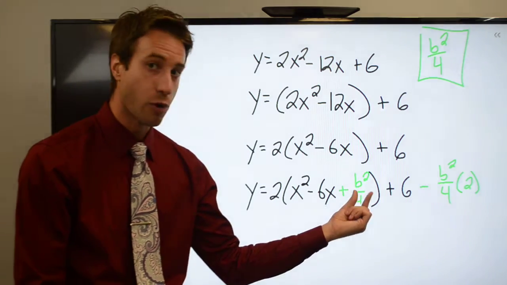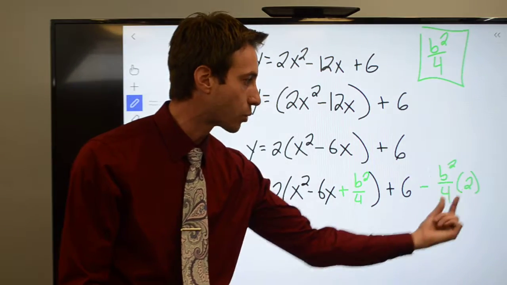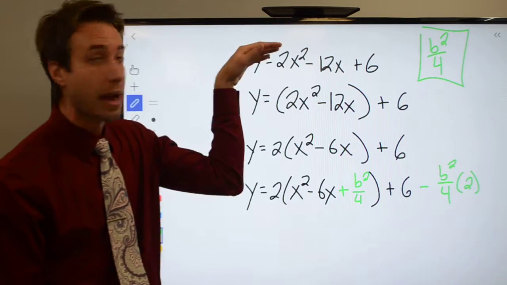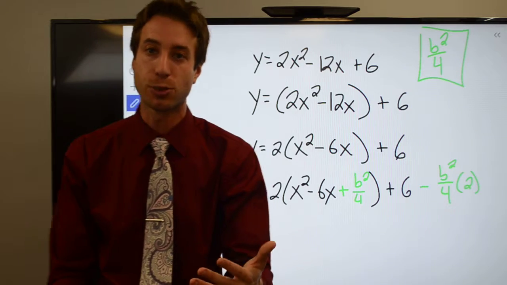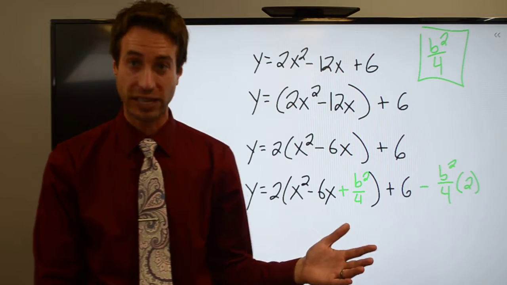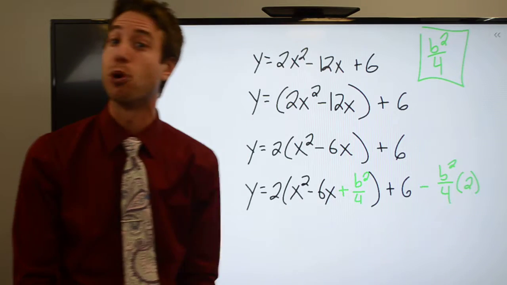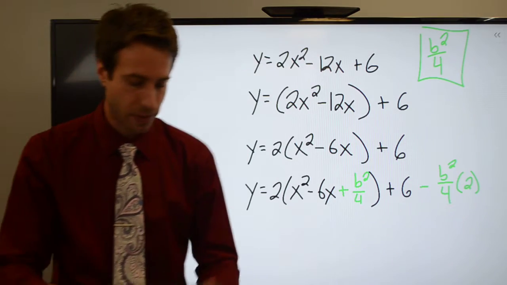They would cancel each other out and get me right back to where I started. So as far as the algebra is concerned, I'm perfectly okay. Add it inside, subtract it outside, and don't forget to put back what you pulled out.